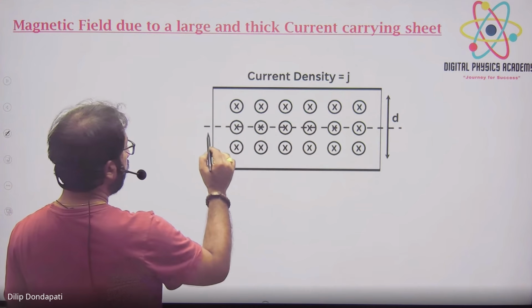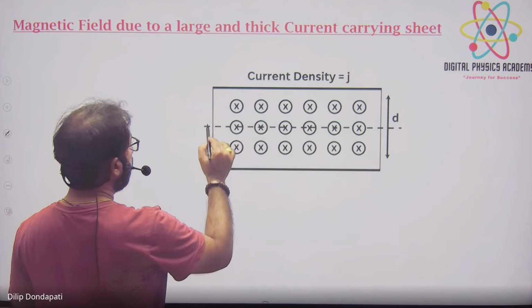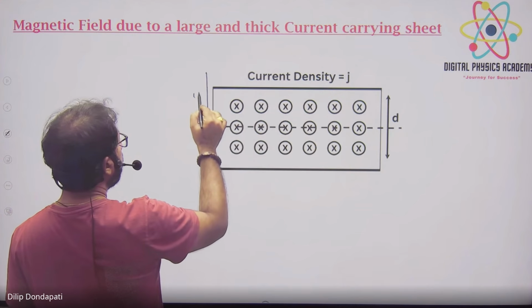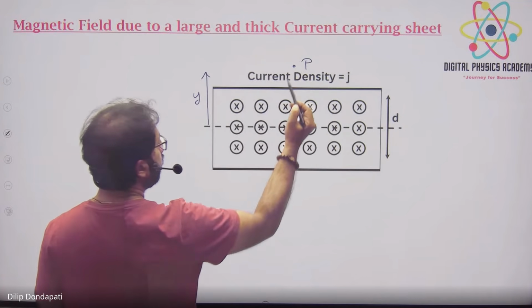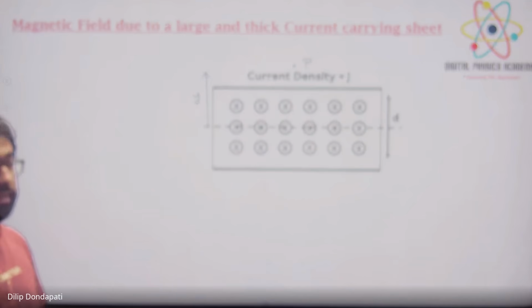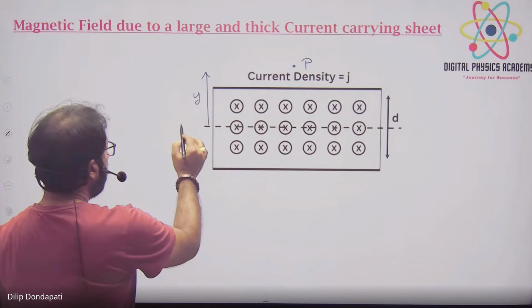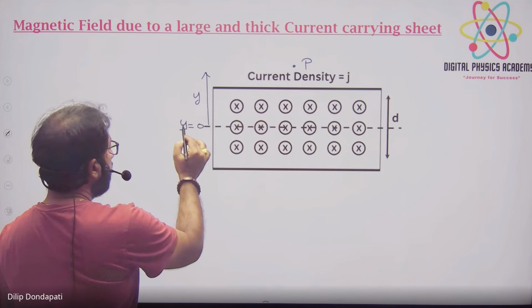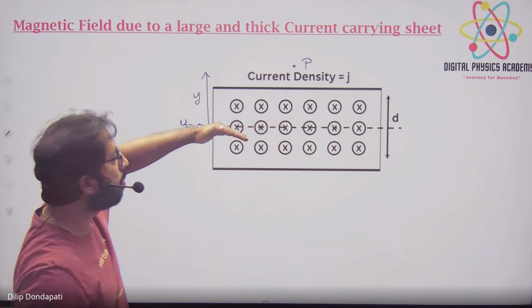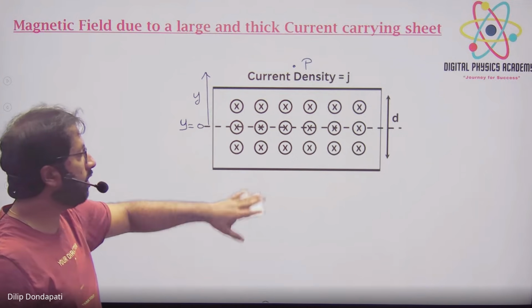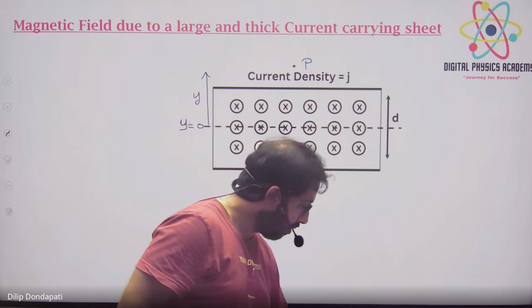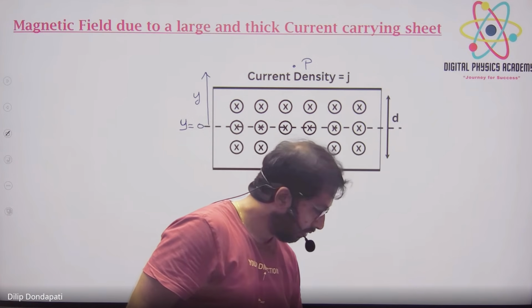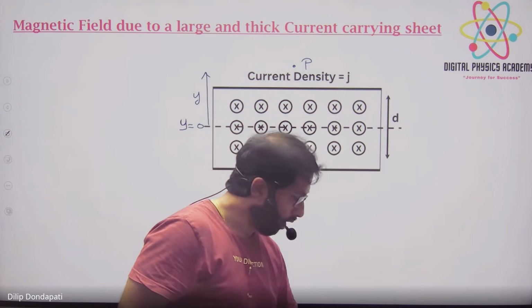At a y distance away, I want to find the magnetic field at this point P. This is the axis, take this as y equal 0, because for drawing the graph symmetry is needed. From this axis to point P, I want to find the magnetic field. This is the magnetic field direction, right? Is that understood? Okay.